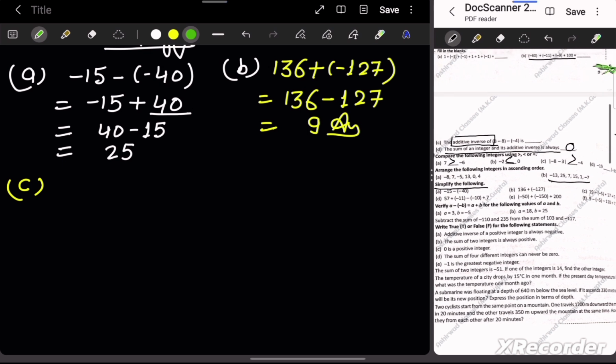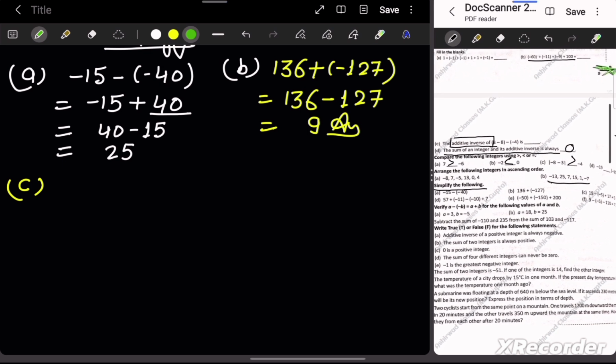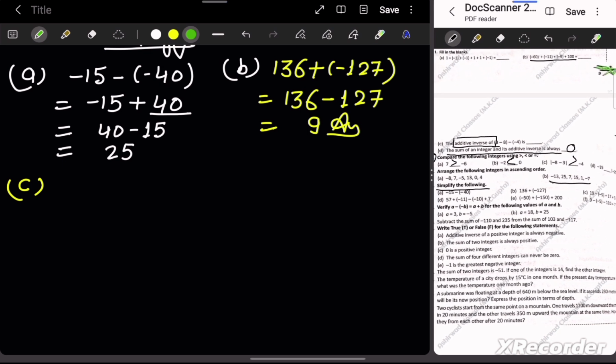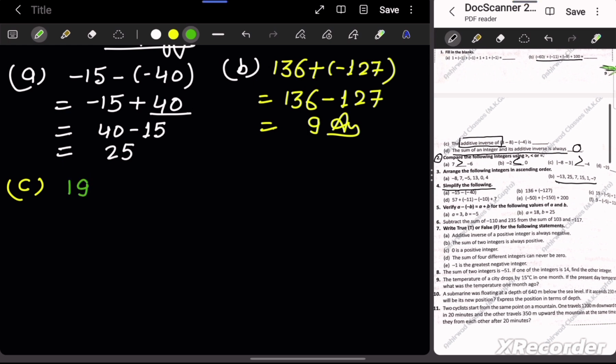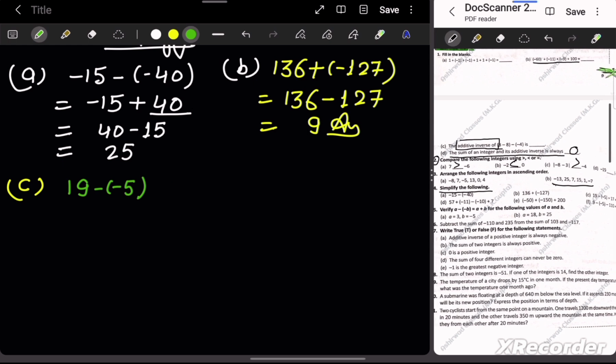Now C part. Here C part is 19 minus 5 plus 17 and plus 0. Now 19 and 17 are positive integers.